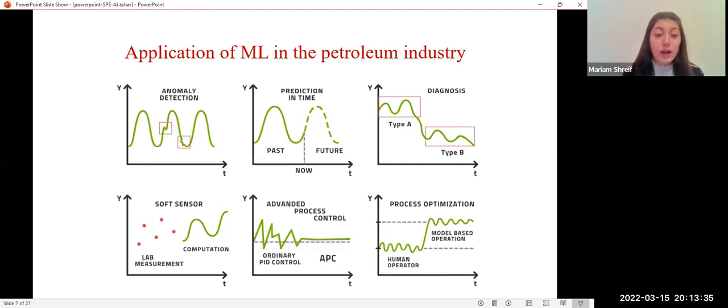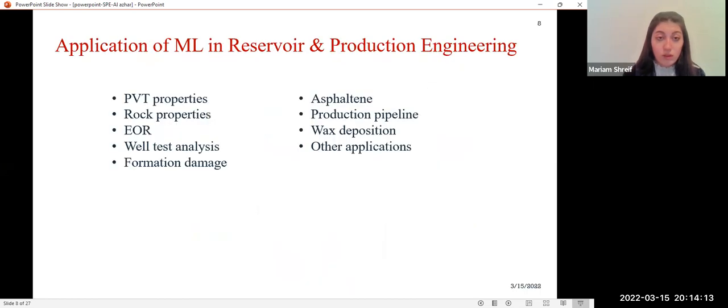And to know if we can replace certain laboratory experiments by computational methods, because as we all know, laboratory experiments are time consuming and somewhat expensive. And with the help of machine learning, we can advance the process control, to know how we shall change a set of points in order to keep the operations stable. And finally, process optimization.